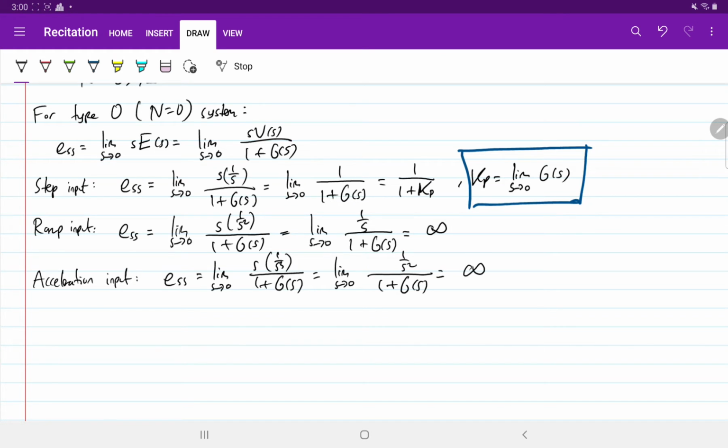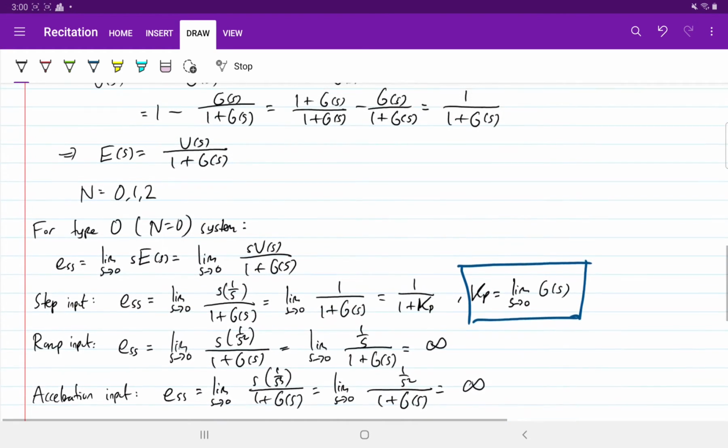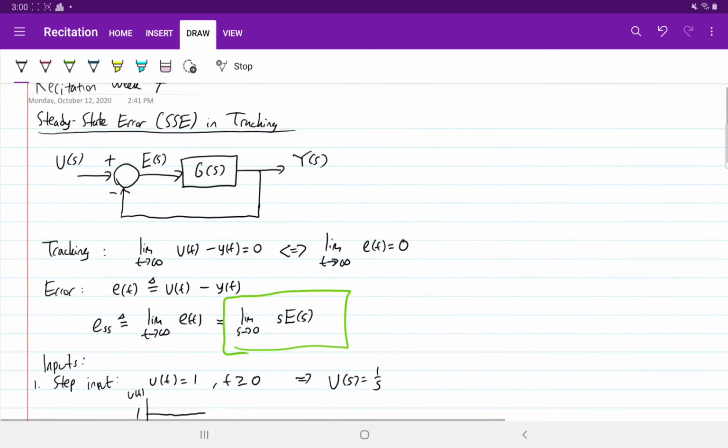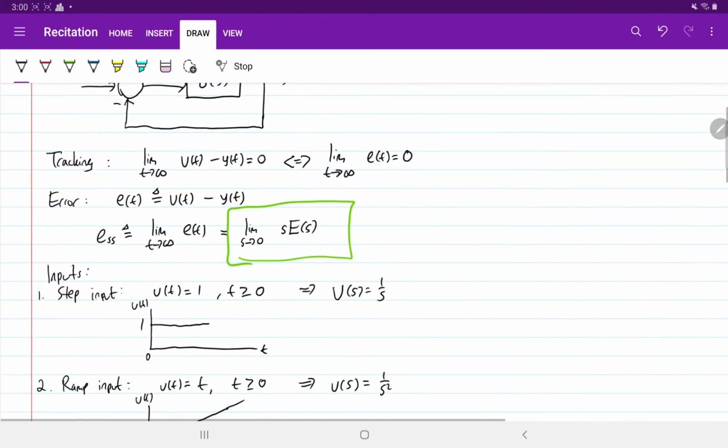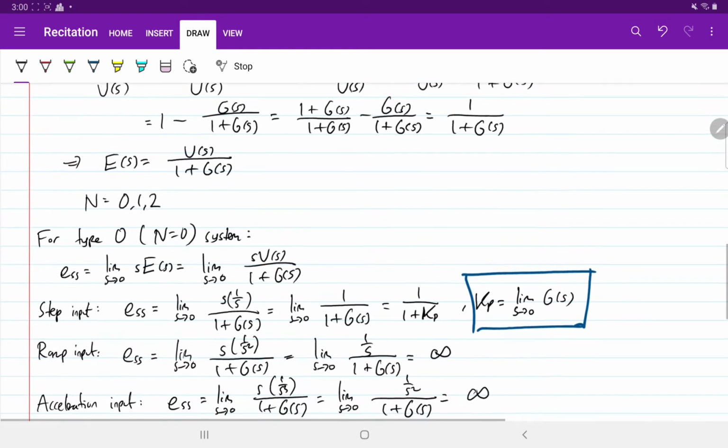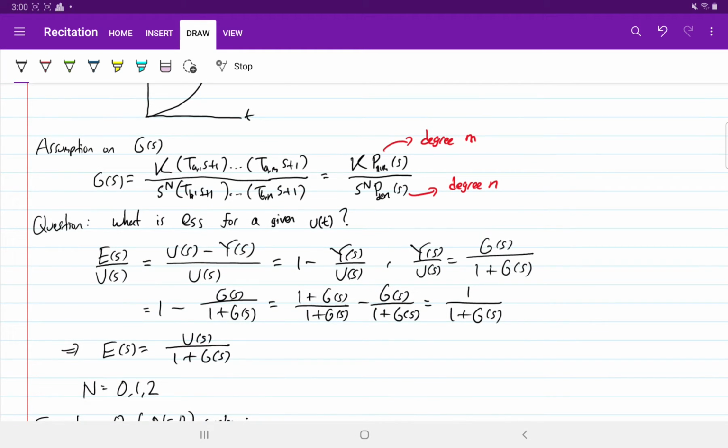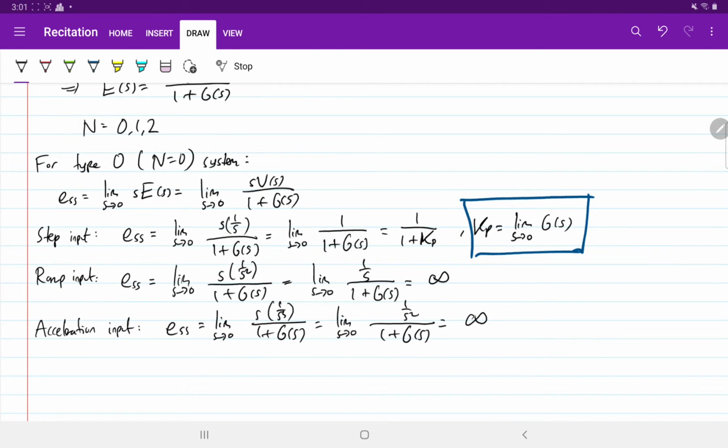Okay, so in summary, for type 0 system, so when we have this kind of closed loop system, where g of s is type 0, so g of s has this form with n equal to 0, so we don't have any roots on s equals 0. Then if we give the system with step input, then the steady state error is given by this formula.